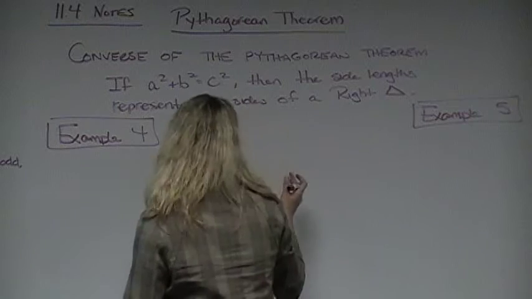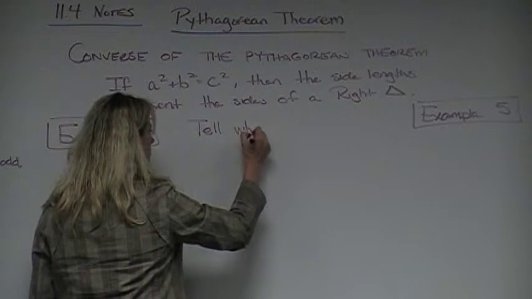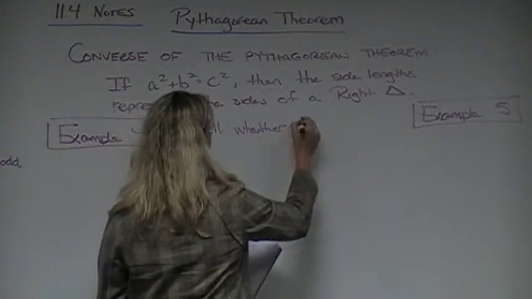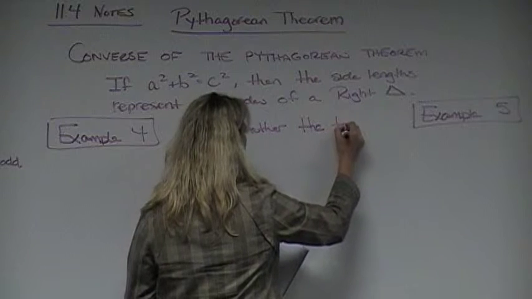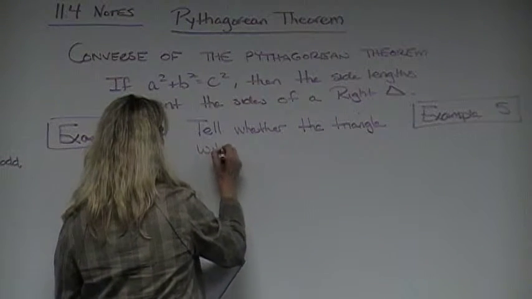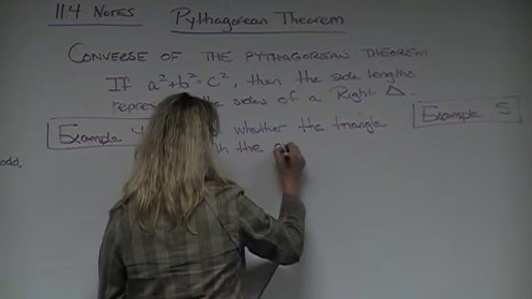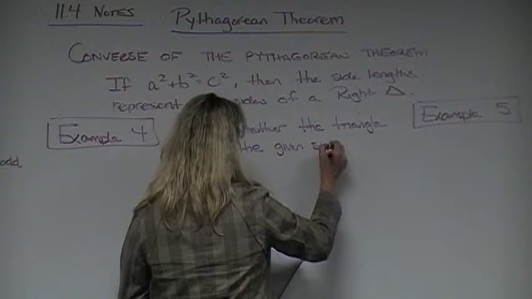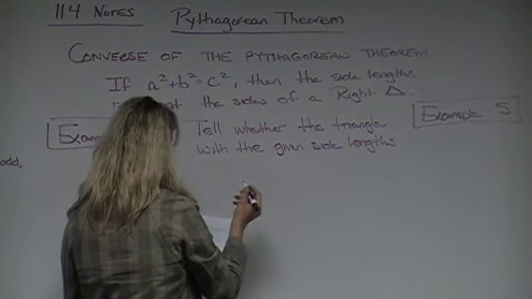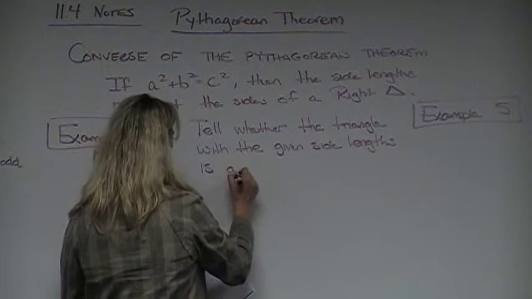For both these examples, I want you to use these directions. Tell whether the triangle with the given side lengths is a right triangle.